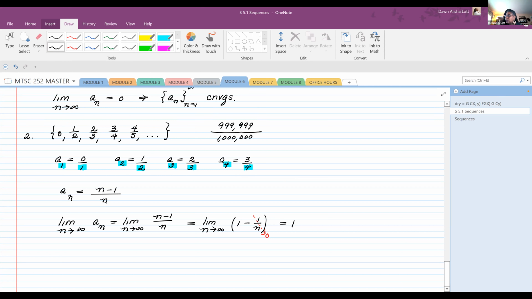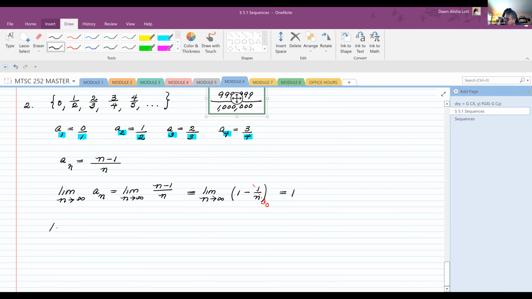Okay, so now we can say the limit as n approaches infinity of an is equal to 1. So that implies the sequence, n equals 1 to infinity, converges. Now, if the limit goes to infinity, then it diverges. Okay, any questions?